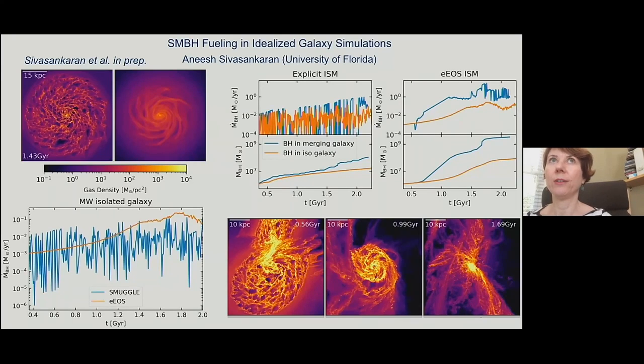This is related to my talk on Tuesday, where I said that we see dramatic changes in merger timescale and coalescence rates when we implement the effect of negative gaseous dynamical friction.